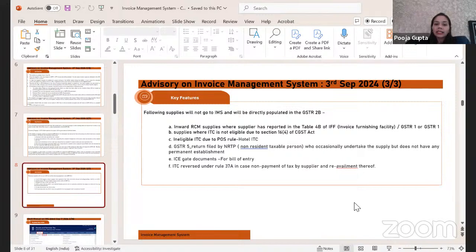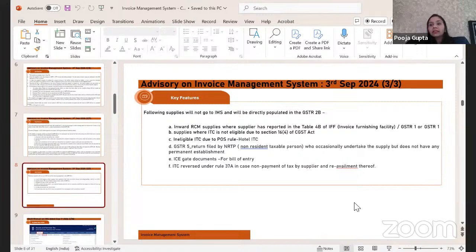Next one is the ITC reversal under Rule 37A. Rule 37 talks about reversing the input tax credit within 180 days if we have not paid the vendor. And we can re-avail this ITC without any time limit, as specified under section 16(4).